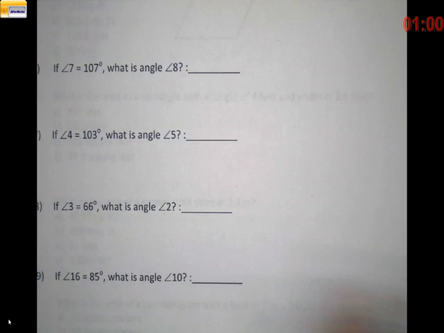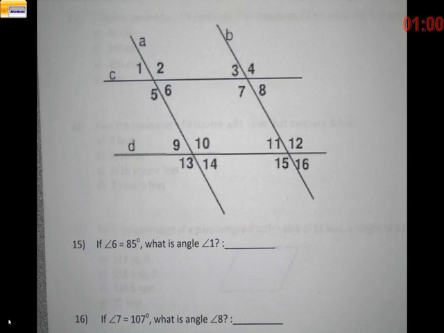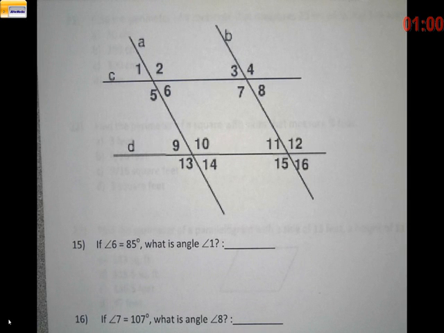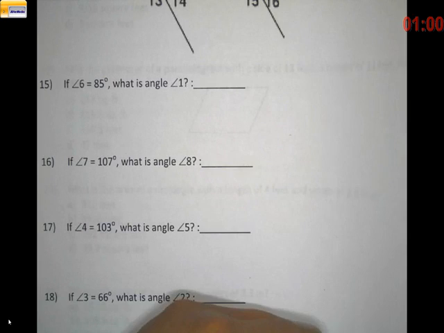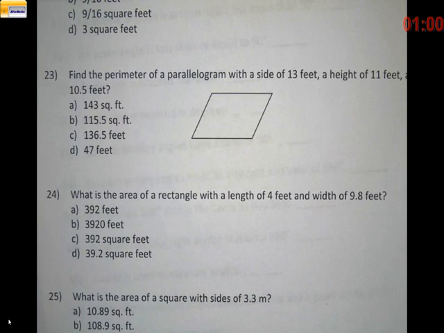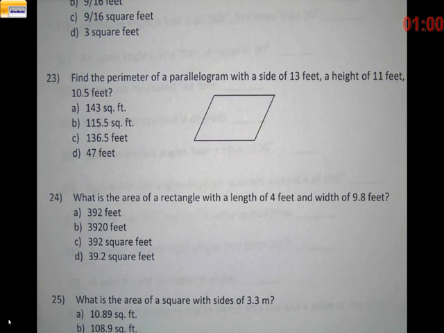Page 5 is nothing but transversals, which I know you guys know how to do. All you have to do is use Miss D's zigzag theory, and you'll be fine. And then let's see what's on page 6. We got the perimeter of a parallelogram, which you guys should know how to do.